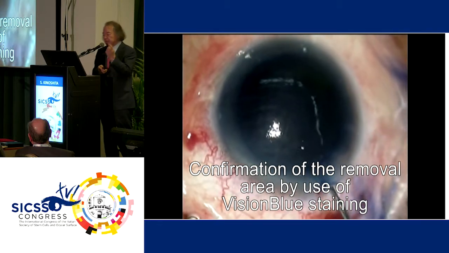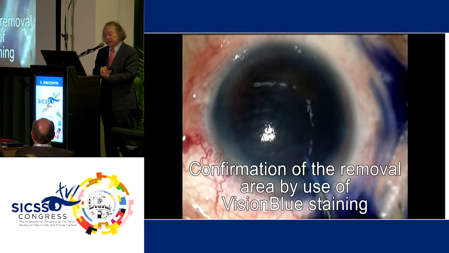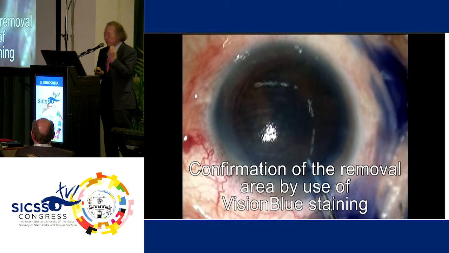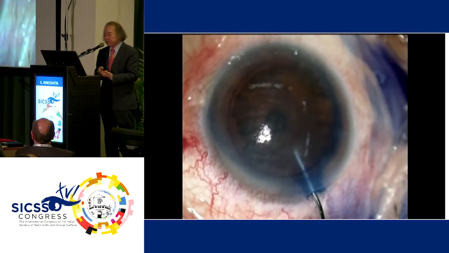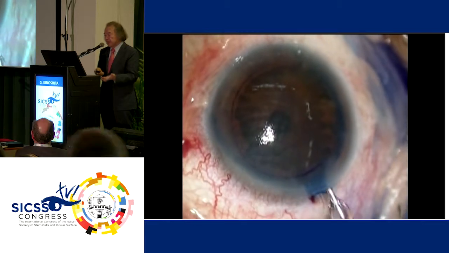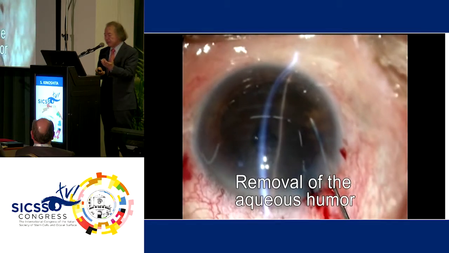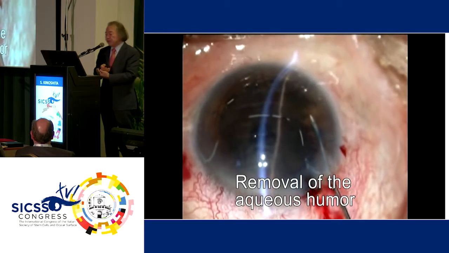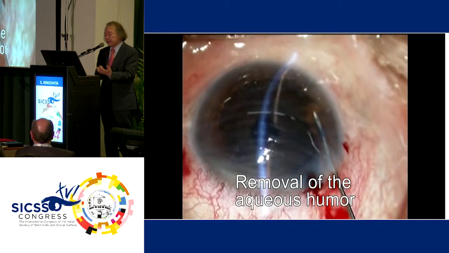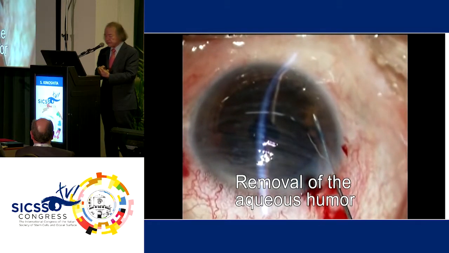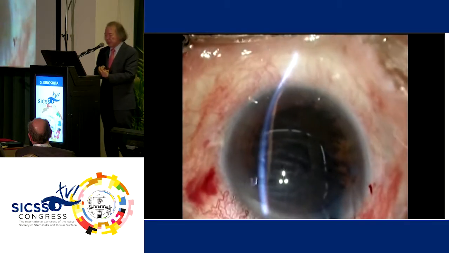Then we use one stitch at the incision site, and pump in and pump out the ROCK inhibitor solution, which can enhance the attachment of the injected cells. Finally, we remove all the aqueous humor from the anterior chamber with a 30 gauge needle, and then inject the cells.